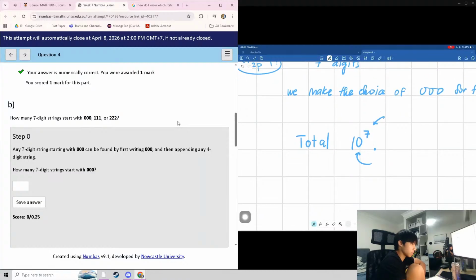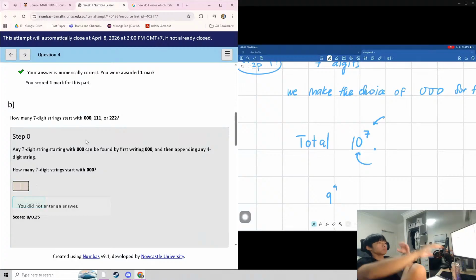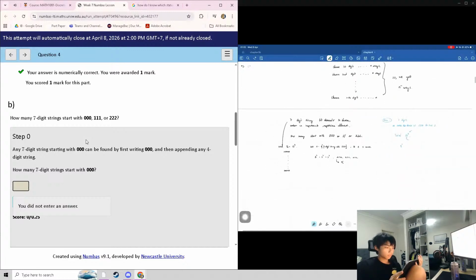If we take away, then we can take 9 elements 4 times. Where did this question come from?